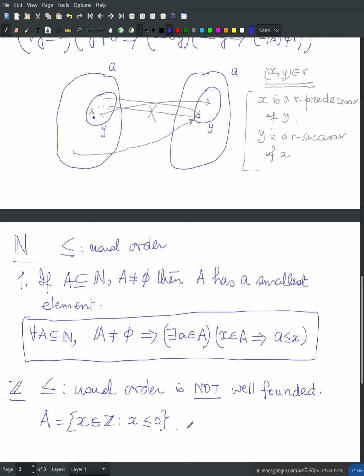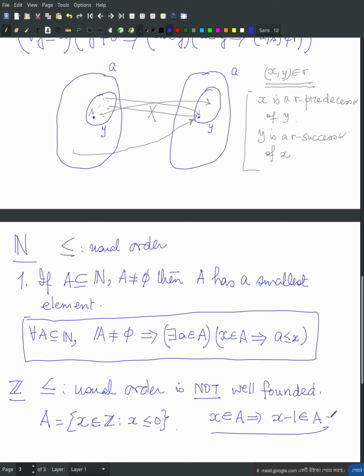I don't know what is infinity and what is negative infinity, but I know this property: x is less than or equal to 0. And why doesn't this have any smallest element? If I take any x from A, x minus 1 is still in it, and it is smaller than x, so it doesn't have a smallest element. Done.